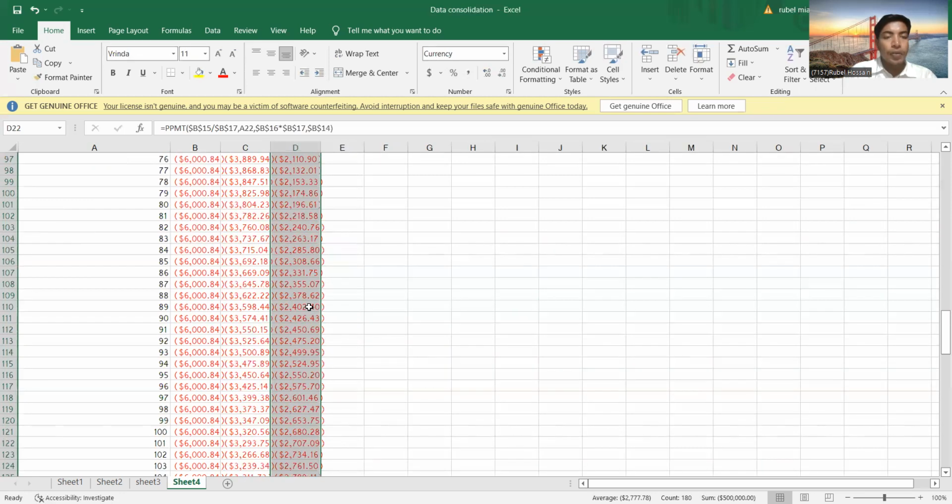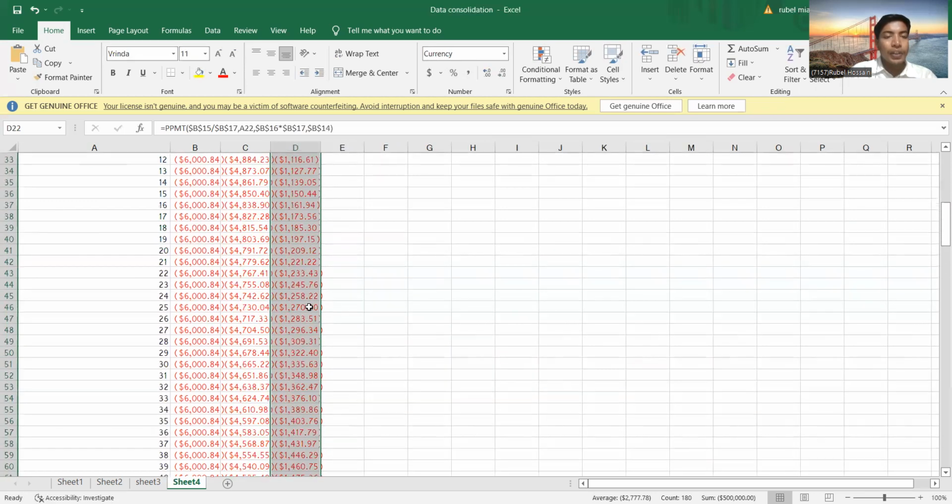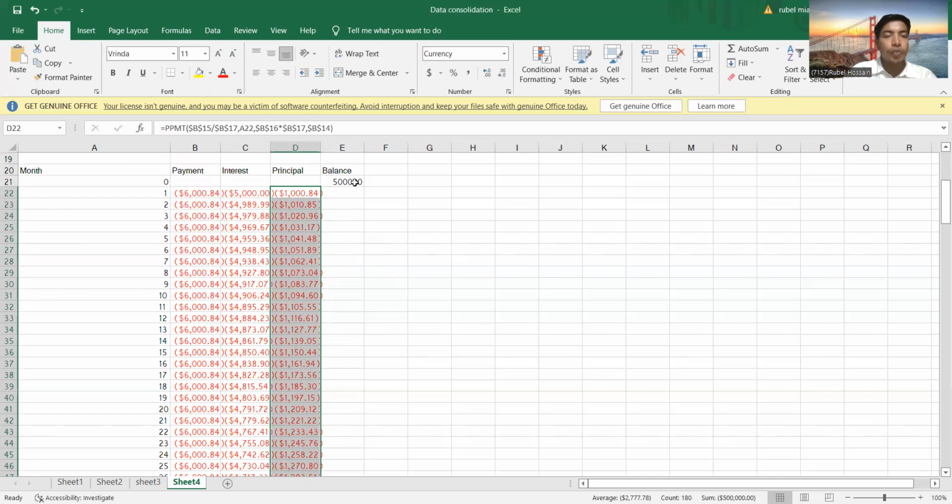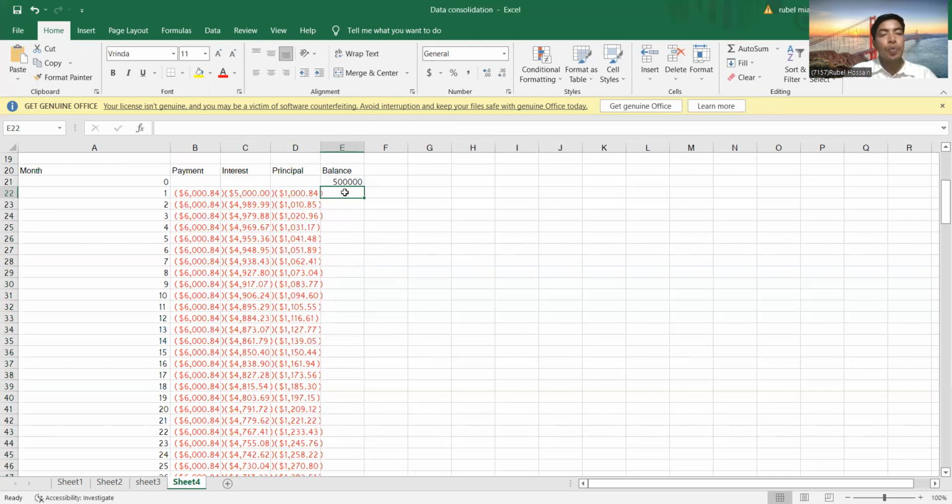The amount even comes out negative, and the balance is 5 lakh. So what will be the balance after each payment, month by month? After reaching the 180th month, the balance will be zero. We can easily understand here.